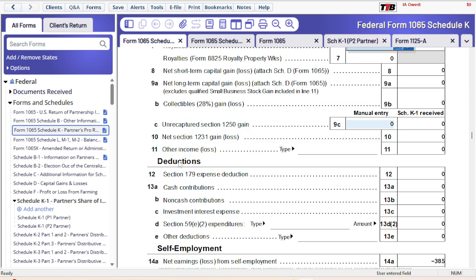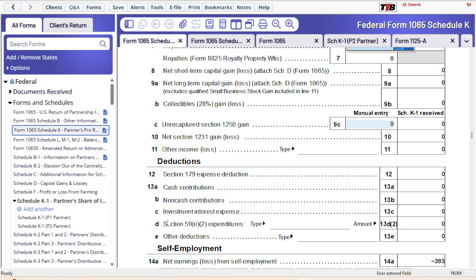So deductions. If you place an asset in service the first year and you are going to claim a Section 179 expense, it's not going to go on the depreciation page 1 of 1065, but it will show up on Schedule K instead under deductions, line 12.